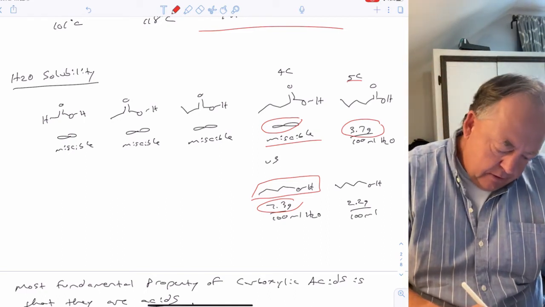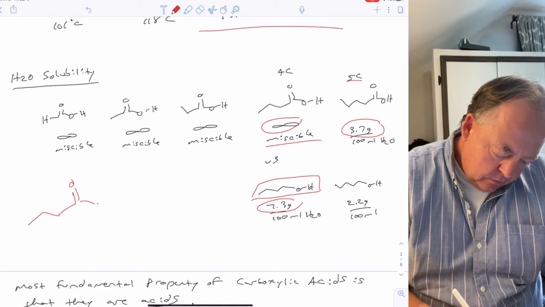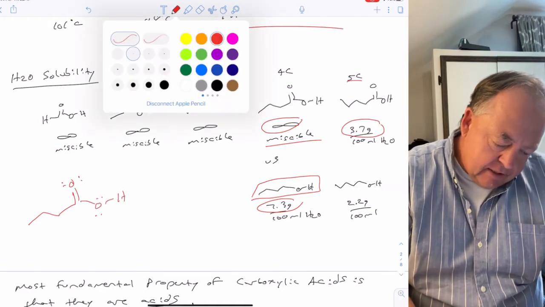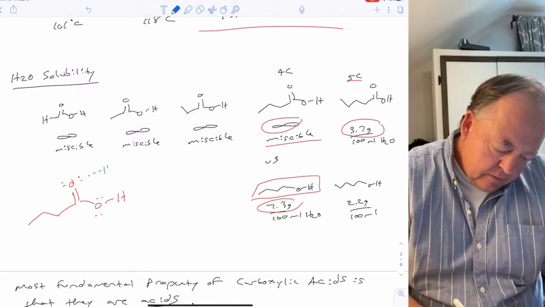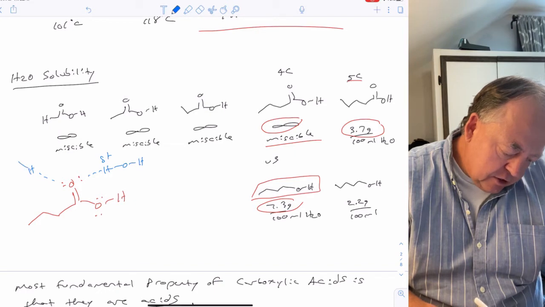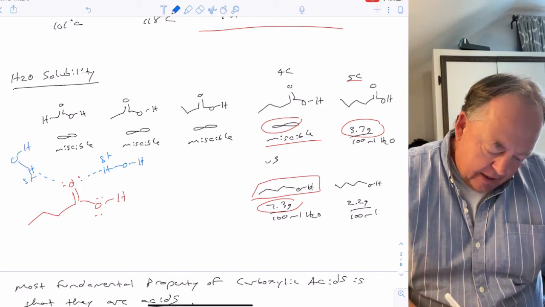Right? Why would this be? Well, the carboxylic acid is more polar, right? It's got more places that it can hydrogen bond to water. So the carbonyl oxygen can hydrogen bond to water, as can the OH.